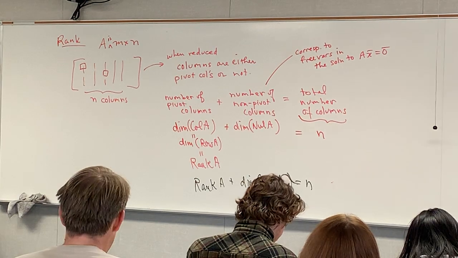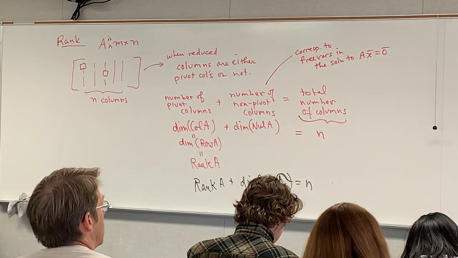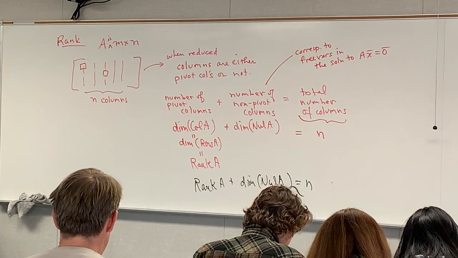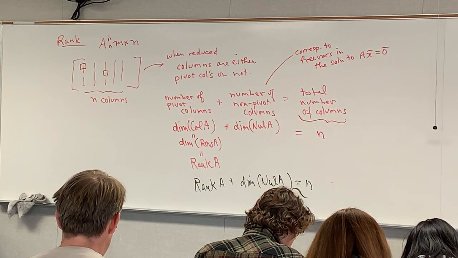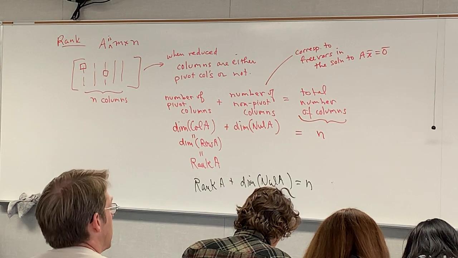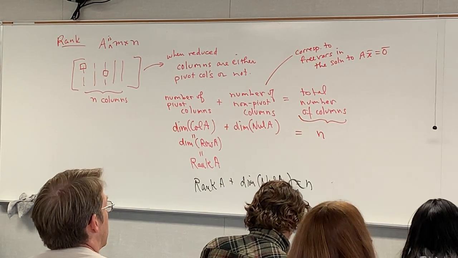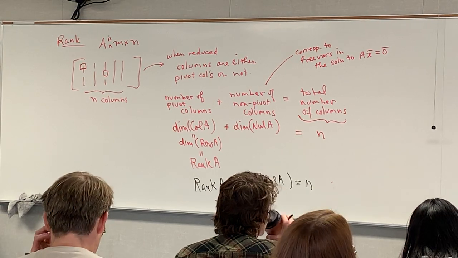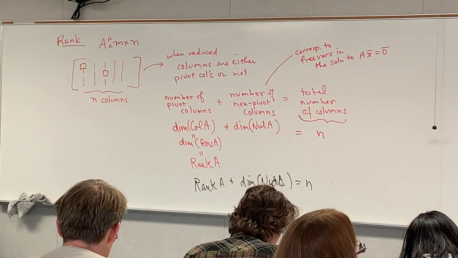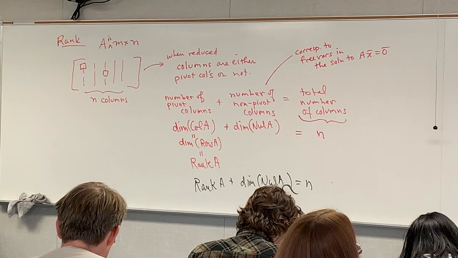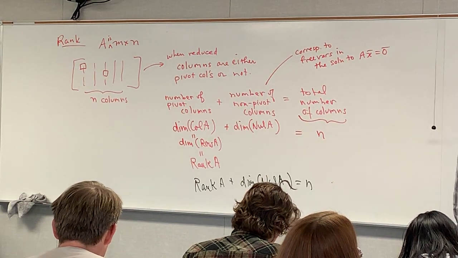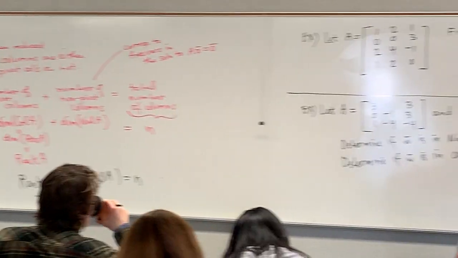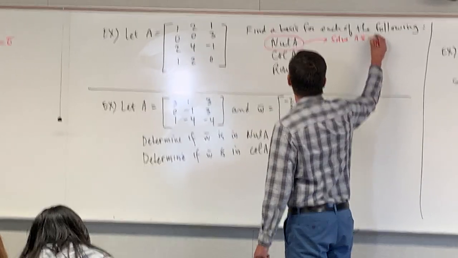Okay, now I wrote all over the place. So for this first problem we put on the board, the most work involved, I think, is in finding a basis for null A. So we got to try to solve AX equals 0.